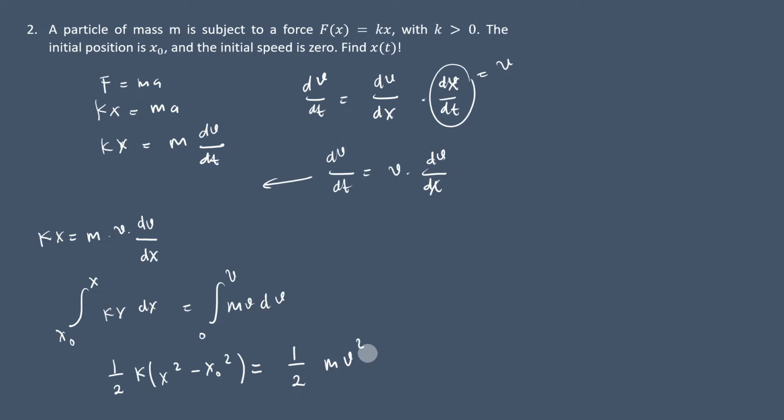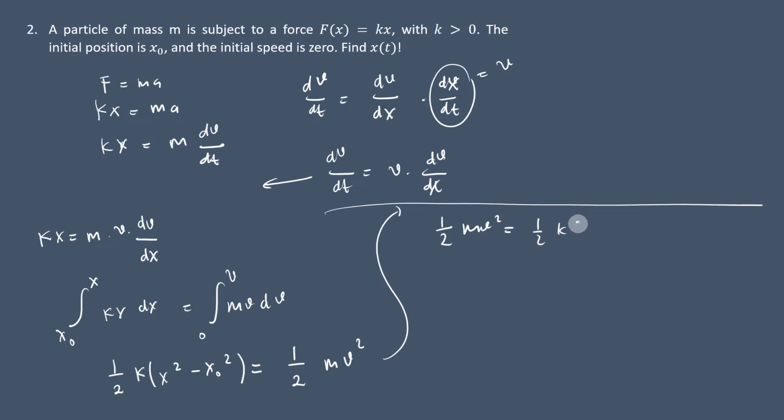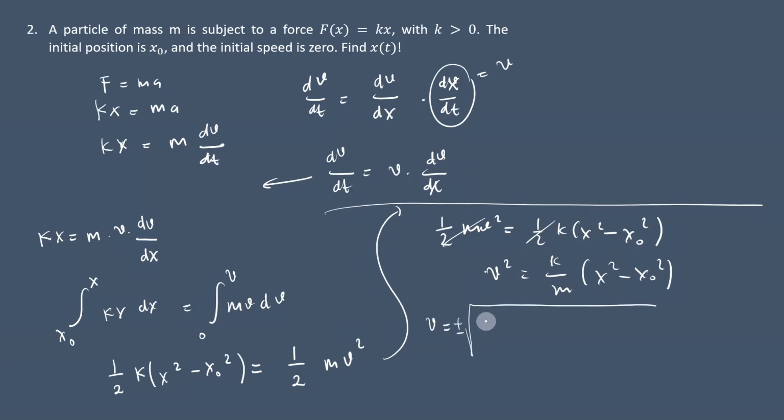Solving for v, we eliminate the 1/2, and v squared equals k/m (x squared minus x0 squared), and we get v equals the square root of k/m (x squared minus x0 squared).